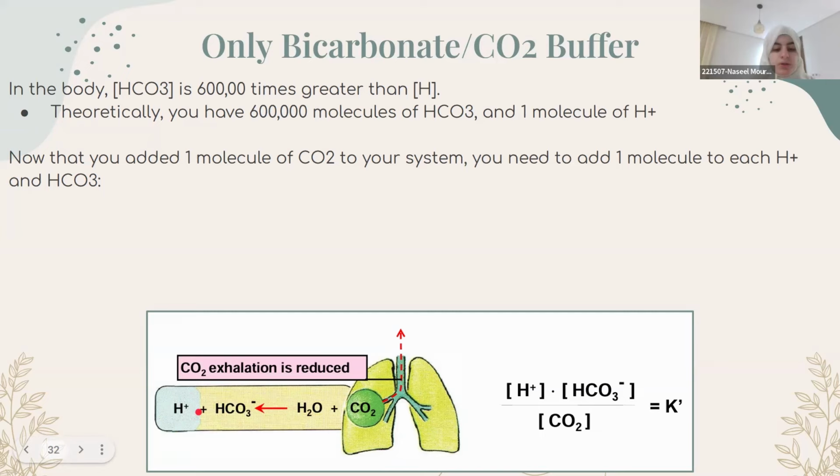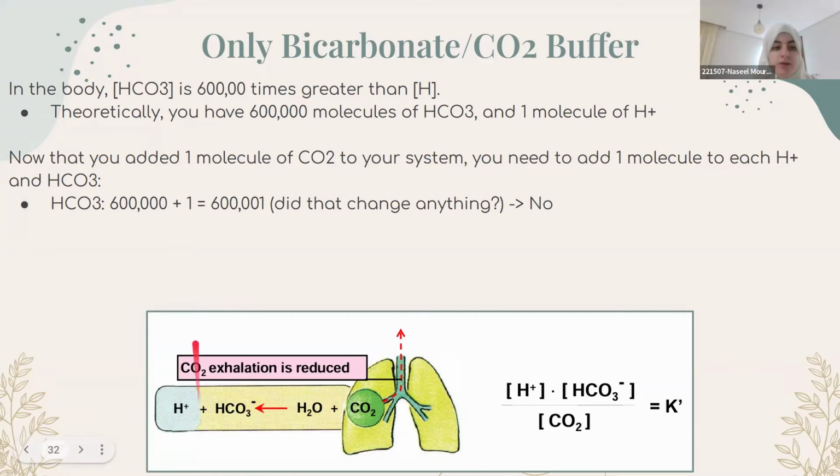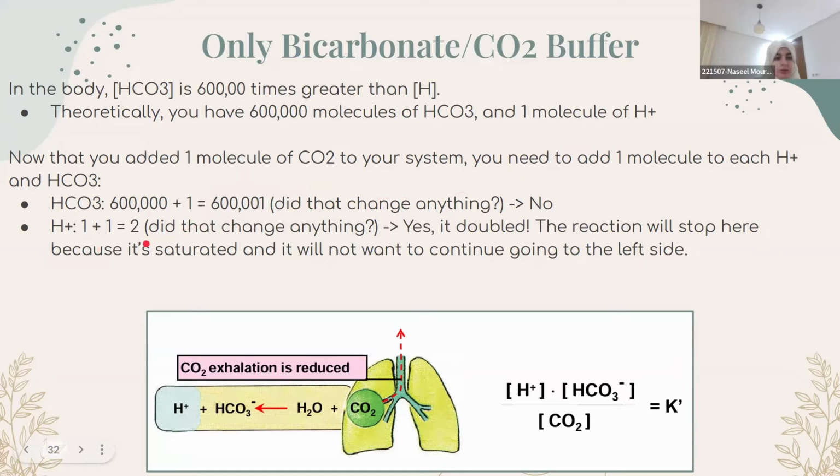What does this mean to us? It means that to the 600,000 molecules of bicarbonate, you just added one bicarbonate. Now, to you, does that make a difference? Are these two numbers different than each other? No, okay, it's a very minimal change. However, for H+, we said that it was just one molecule. And now we added a second one.